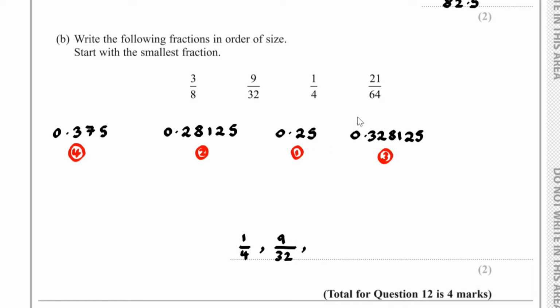Then we've got the 21/64, followed by the 0.375, which corresponds to the 3/8. So here are the orders of the fractions, with the smallest first.